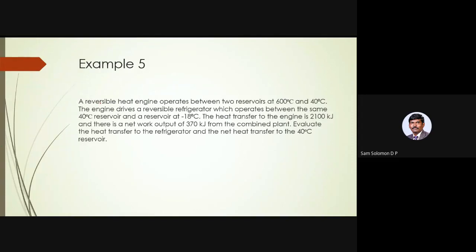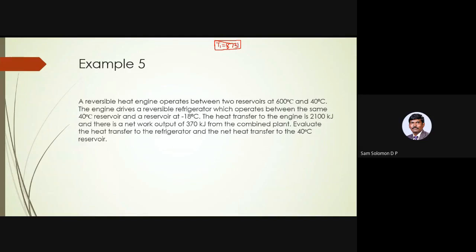Let me show you how we can draw this. First of all, we have an engine. Here your T1 is 600 degrees centigrade, which means 873 Kelvin.